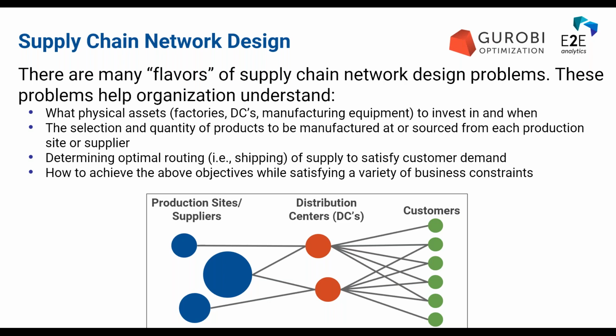Sometimes, though, it's not necessarily about where do I put fixed assets, right? Sometimes it's just about I have a set of assets, how do I use them, and how do I route things more optimally, right? Perhaps my demand has changed over the past few years, and if I have a fixed set of distribution centers, I need to adjust those service areas so I can more efficiently serve the marketplace.